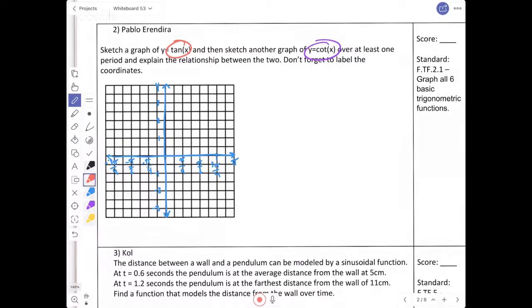In red, let's make an XY table: negative pi over 2, negative pi over 4, 0, pi over 4, pi over 2. At negative pi over 2, the coordinate on the unit circle is 0, negative 1.